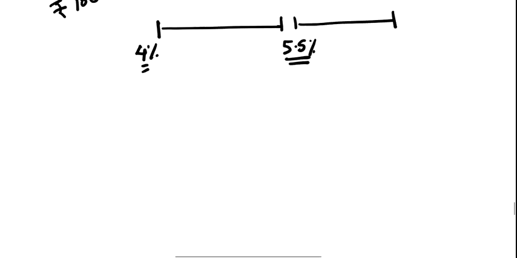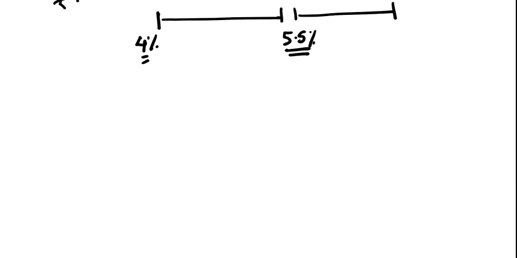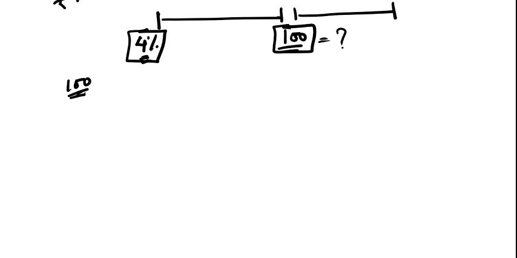Now let us understand it in a different manner. Today, if you want to borrow 100 rupees for 6 months, you have to give 4%. And you don't know, if you want to borrow 100 rupees after 6 months from now, what the rate of interest will be.